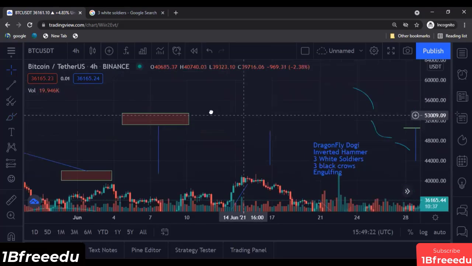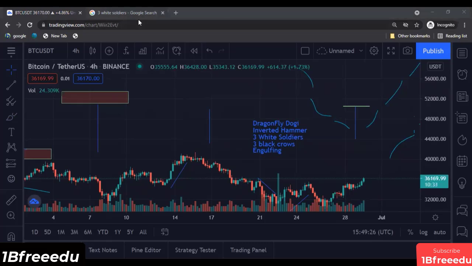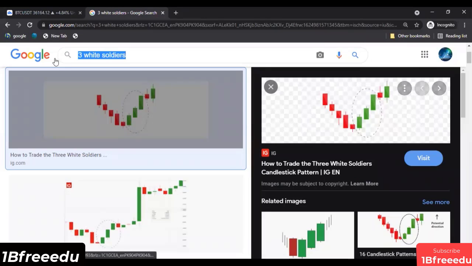Now the final and the most important one is the engulfing pattern. Let me show you how the engulfing pattern occurs.